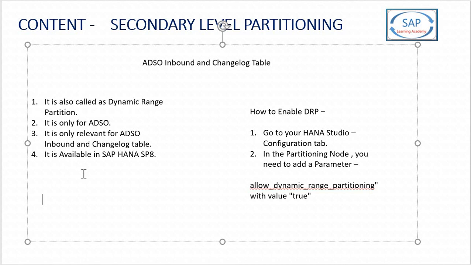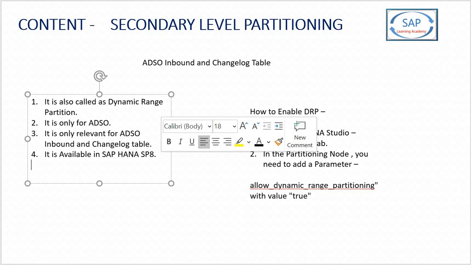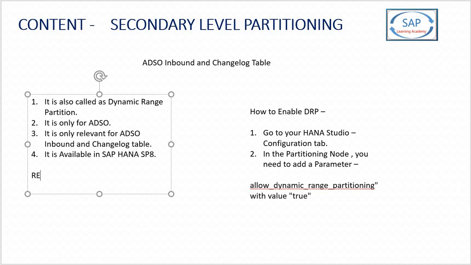And here it is based on your request TSN. This value is available in the inbound and changelog table. So once you allow this dynamic range partitioning, your system automatically distributes the data into various scale-out nodes based on this request TSN value. So it will be completely decided by the system. We just need to configure the parameter in the HANA Studio.